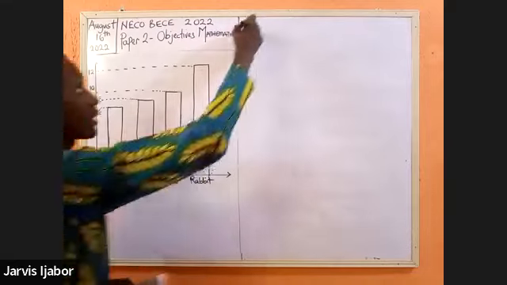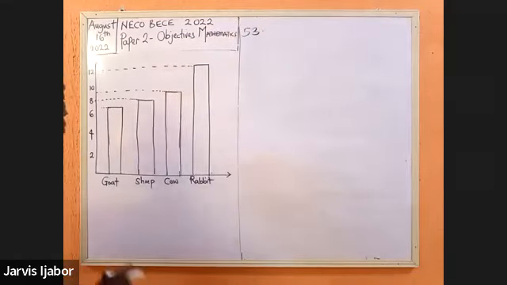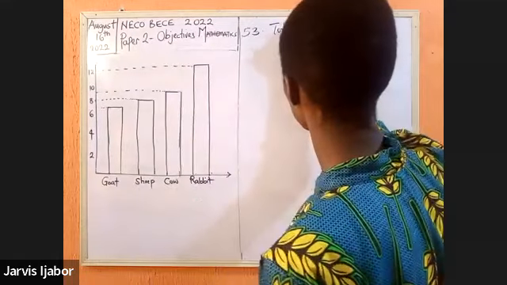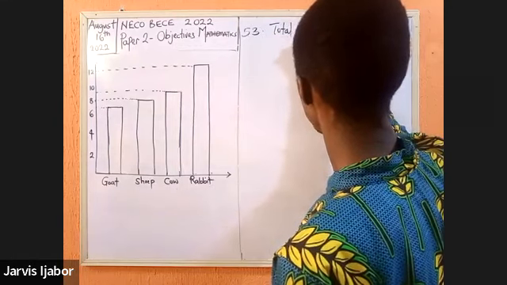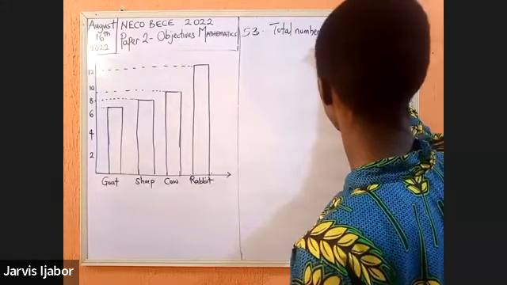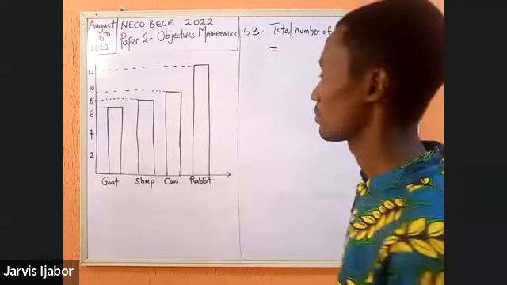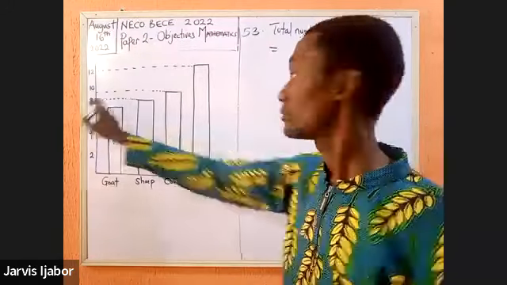Question 53, if I'm right with that. Now, total number of animals in the farm. Look at goats. Look at this marking here. This will be 7.